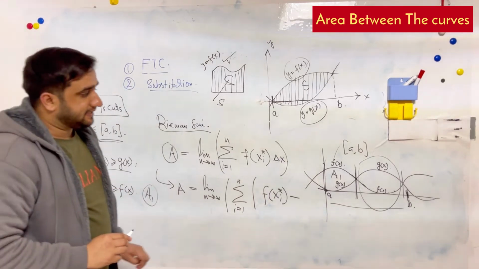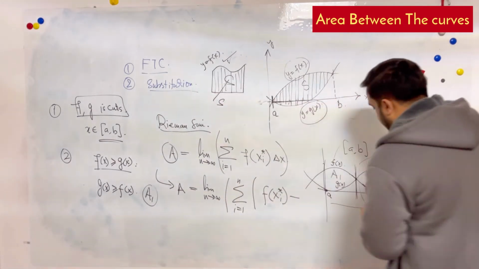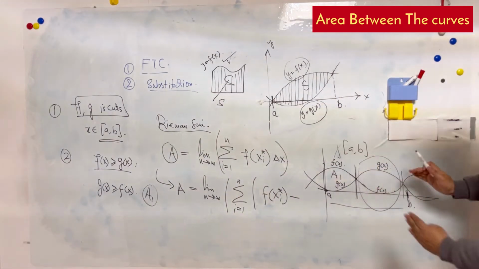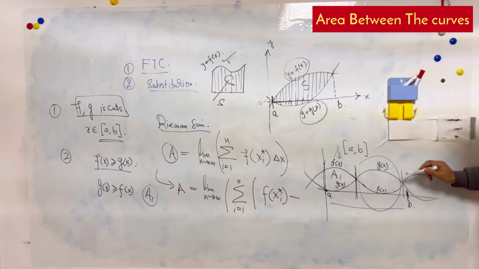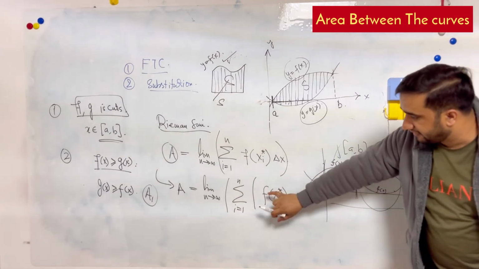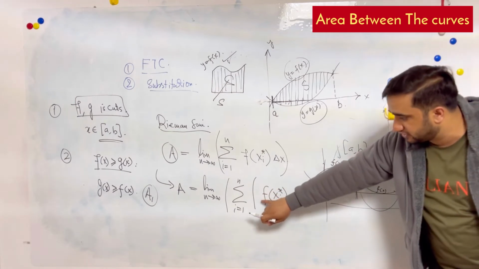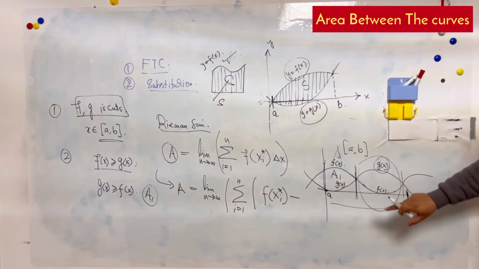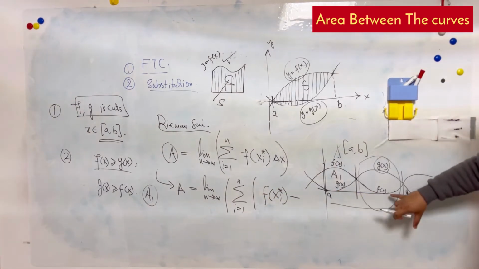In that case, in this region, forget about the area 1. Only in this region, now this function will be written first with the positive sign, and this function will be written second with the negative sign.